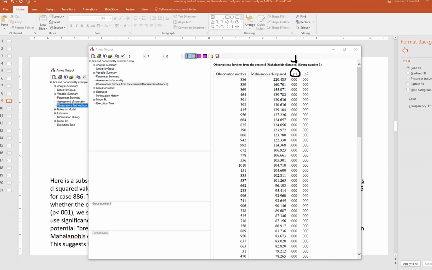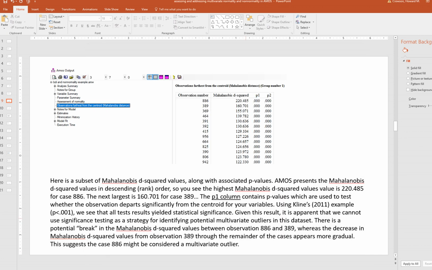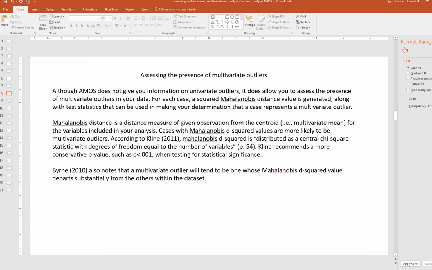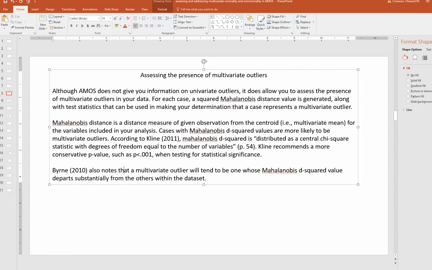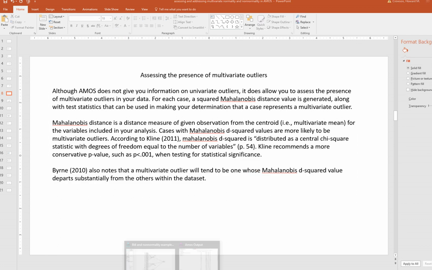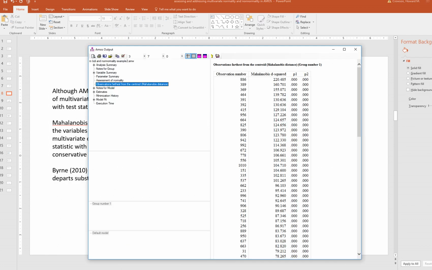Now, Barbara Byrne talks in her book about how a multivariate outlier will tend to be one whose Mahalanobis d squared values depart substantially from the others in the data set. When you're looking at this data set right here, you can see that for the most part the Mahalanobis d squares seem to creep downward. In AMOS these values are presented in descending order.